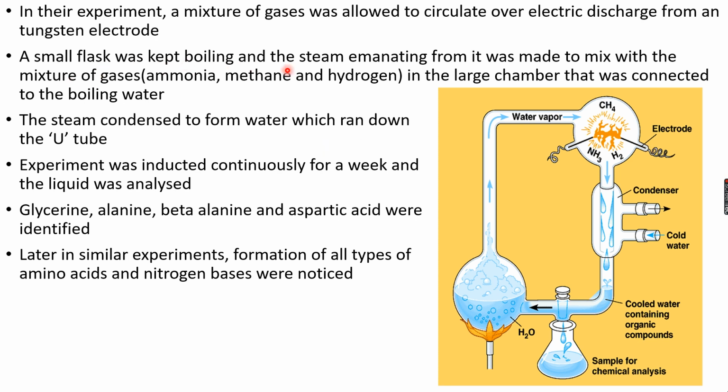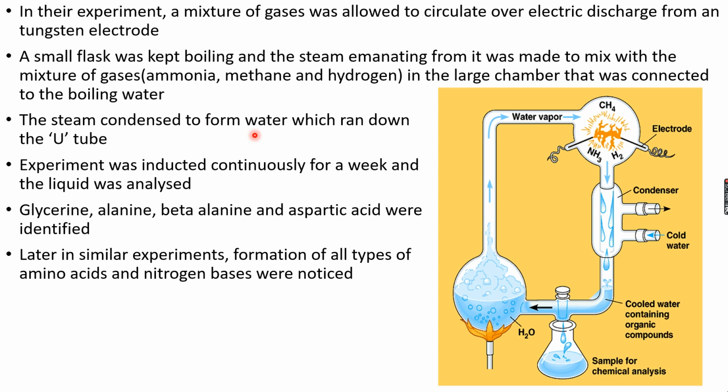The mixture of gases taken is methane, ammonia, and hydrogen. The tungsten electrode discharges the electric current. The small flask was kept boiling and the steam comes out. It was made to mix with the mixture of gases in the container, the large chamber, which contains ammonia, methane, and hydrogen. It was connected to the boiling water, so the water vapor mixes with the gases.